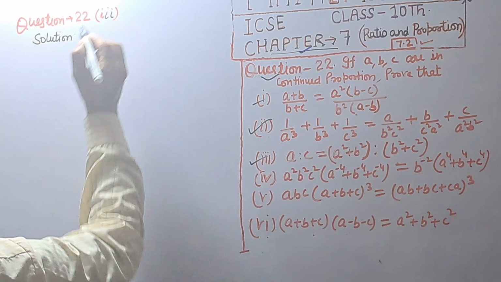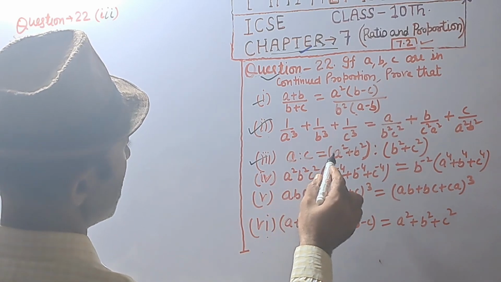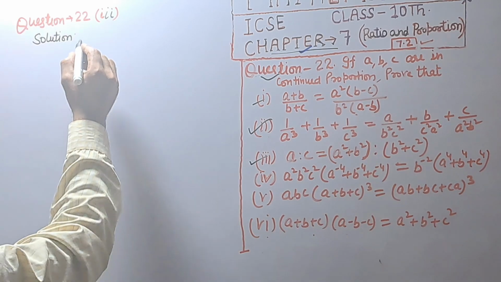Third part: a ratio c is equal to a square plus b square ratio b square plus c square.